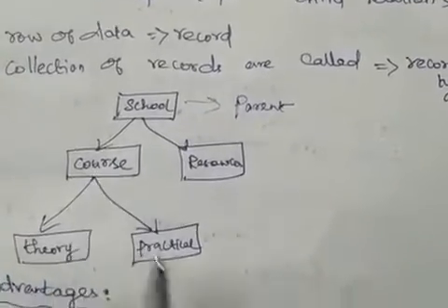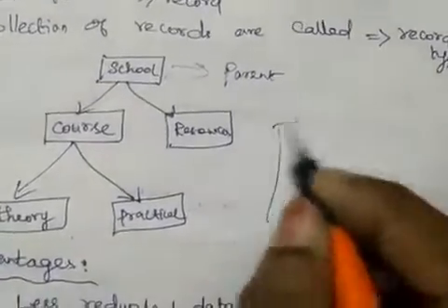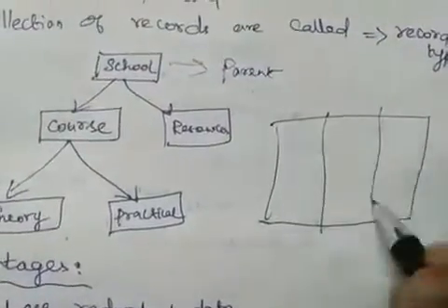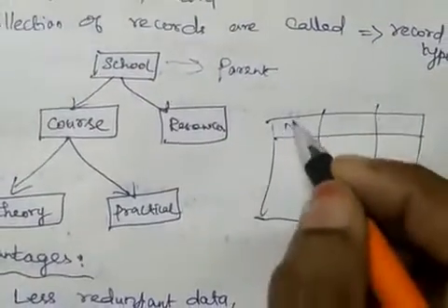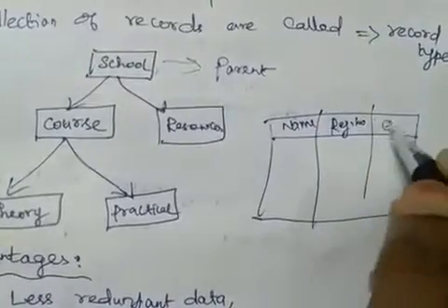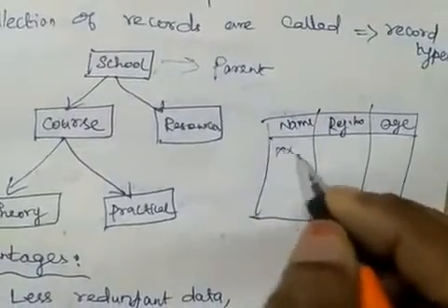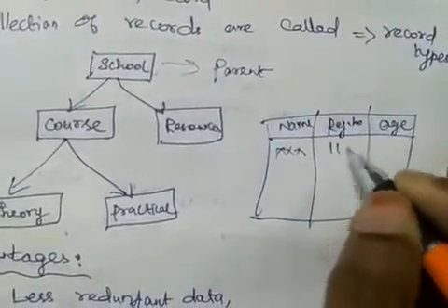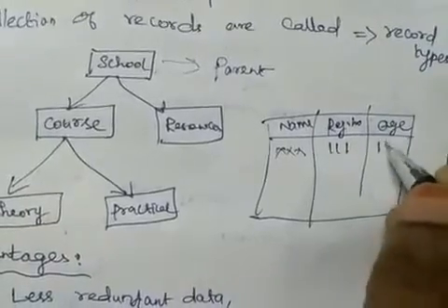For example, we have one table with name, register number and age. Here XX is a name, the register number is 111 and the age is 15.